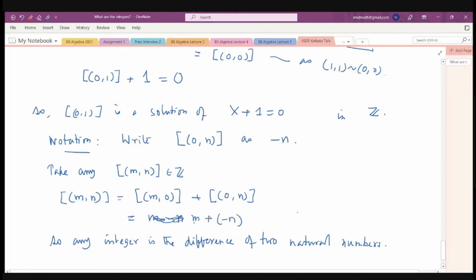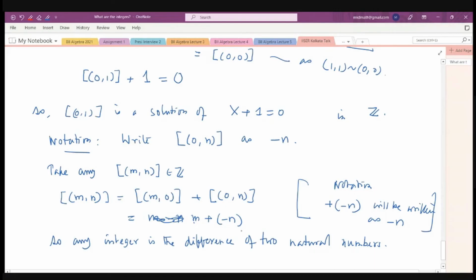That is correct. And now I'll say that notation, the plus minus n will be written as minus n. You are right. When I am doing it strictly formally, then I have to write m plus this, with this one within brackets.